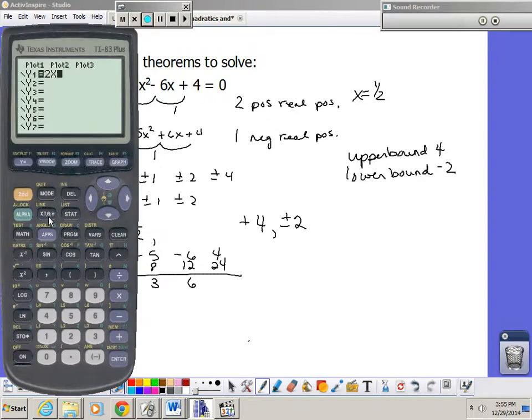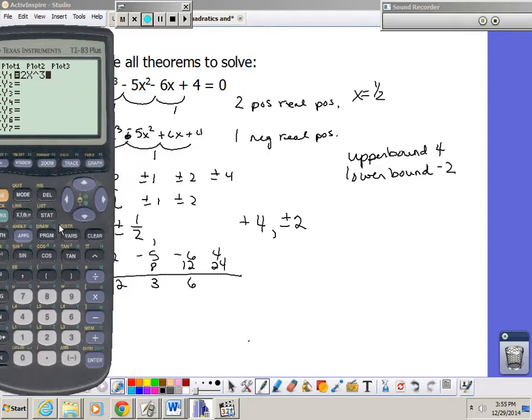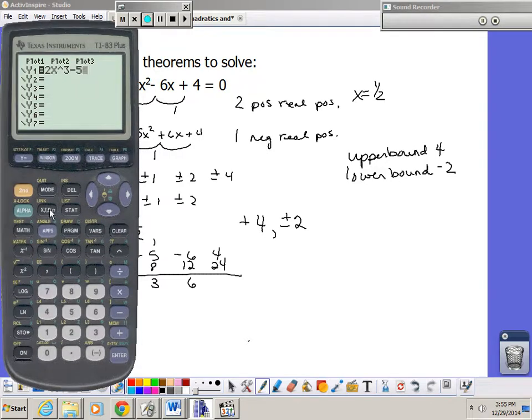2x cubed minus 5x squared minus 6x plus 4. Up there are some more. I got the 1/2. Should be negative 1 and positive 3, I think. 3 wasn't even an option.